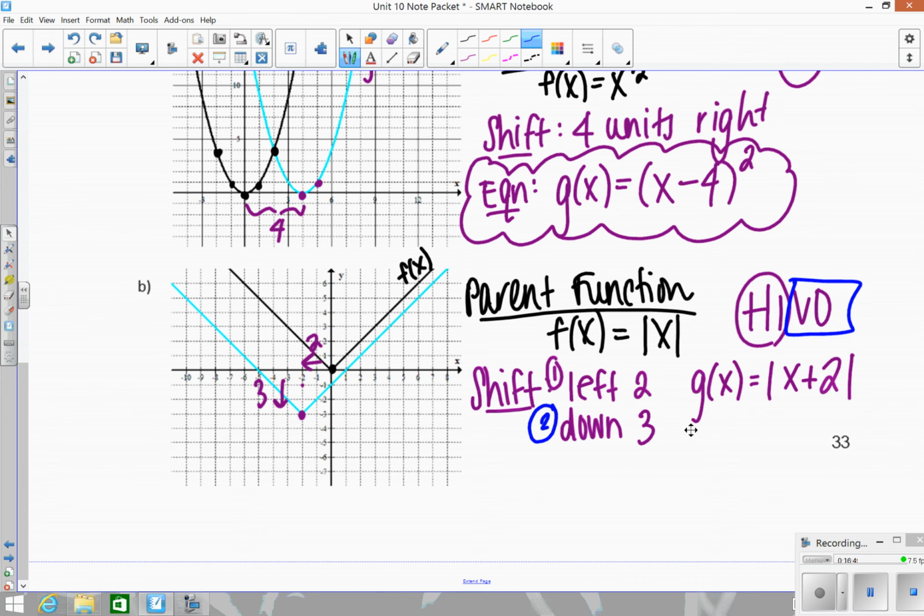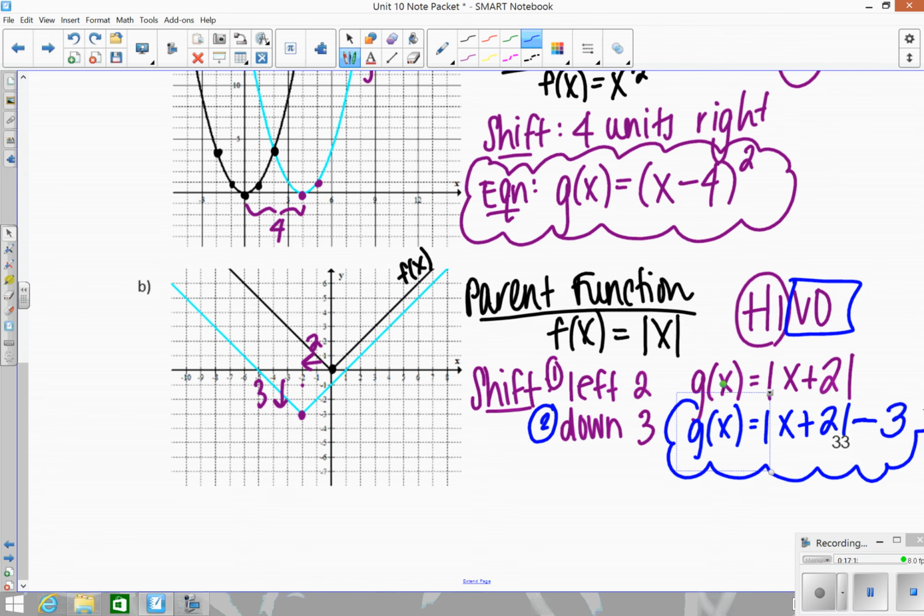So I'm going to keep what I have with this absolute value, but then on the outside I have to put this 3. I have to do the down 3, and since horizontal is always opposite and vertical is always the same, down 3 means I'm going to have just a -3 because I'm actually moving down. So that's going to be your g of x.